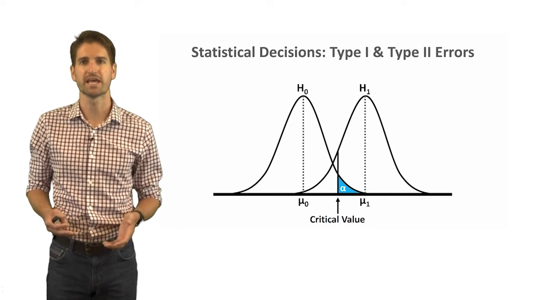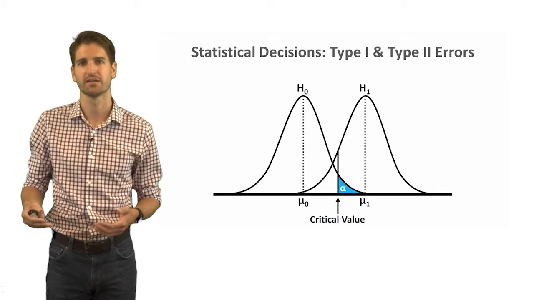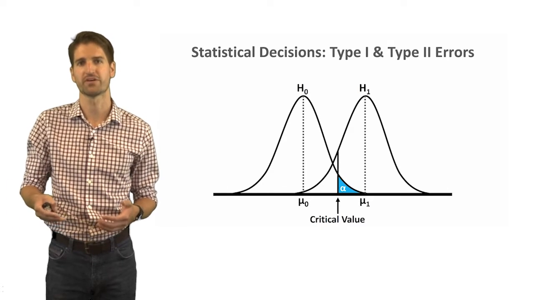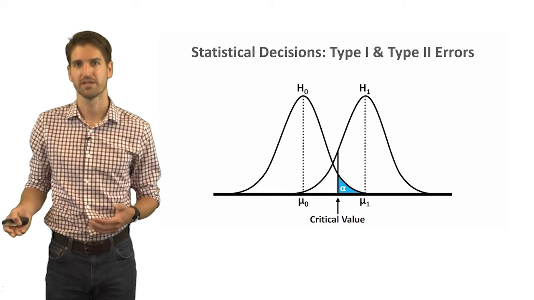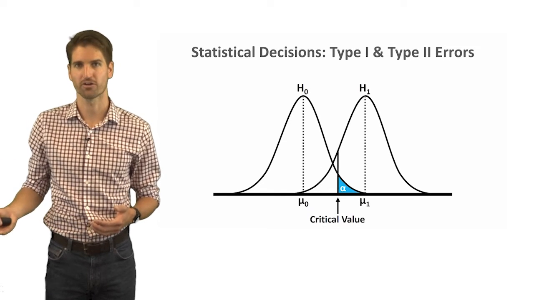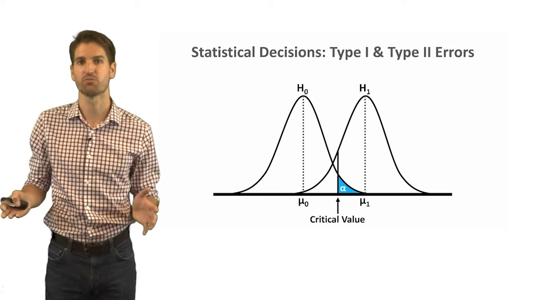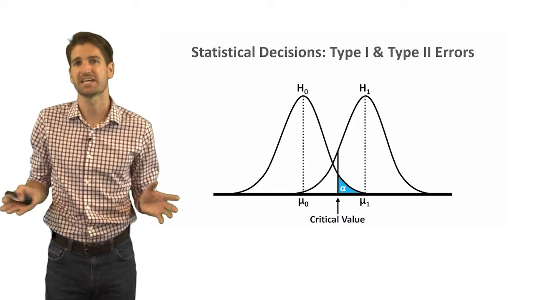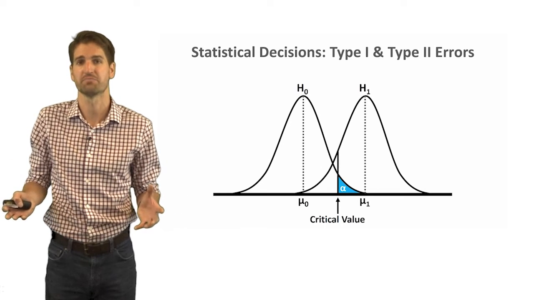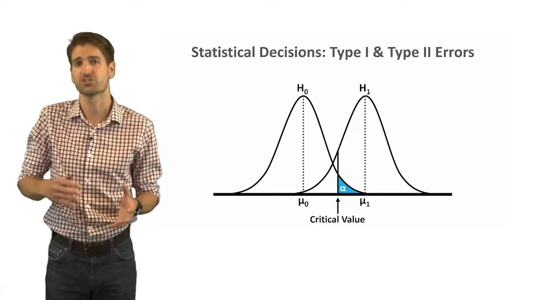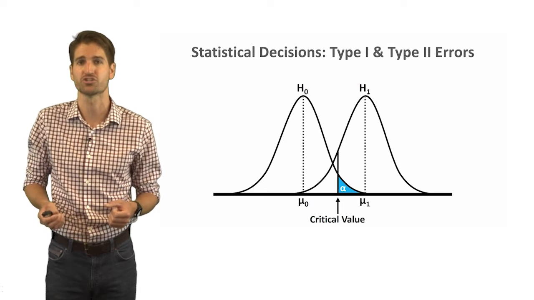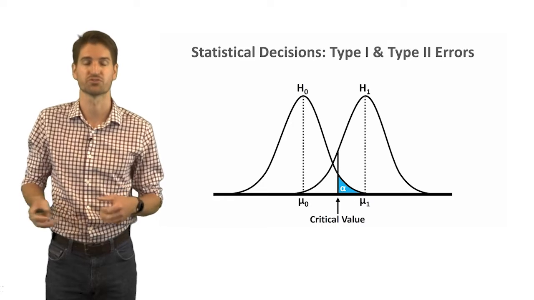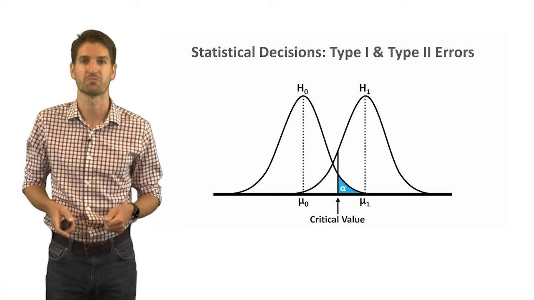What this is saying is, what is the probability that we find a value as extreme as the critical value or more extreme, and that is actually in error? It means we've falsely concluded that we should reject the null hypothesis, when in reality that's just a random occurrence, and there isn't actually any truth in the underlying population that there is an association or a difference between the variables, or whatever the question might be.